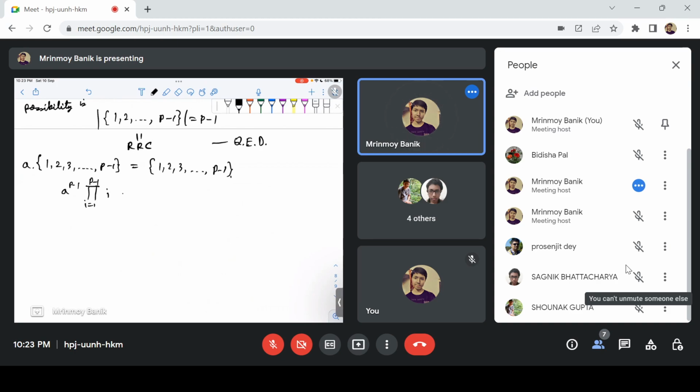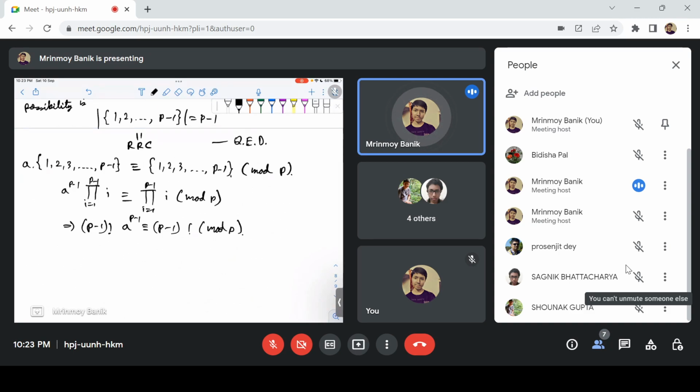Of course these sets are not equal, they're congruent under mod P. So this product is basically P minus 1 factorial. So P minus 1 factorial times a power P minus 1 is congruent to P minus 1 factorial mod P.